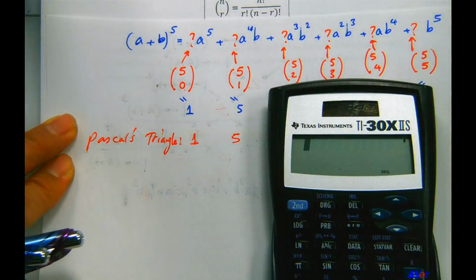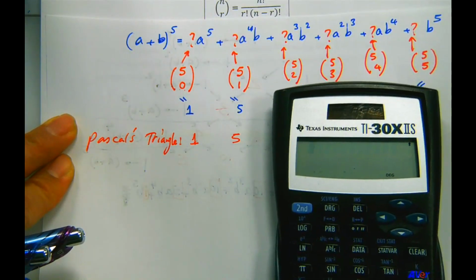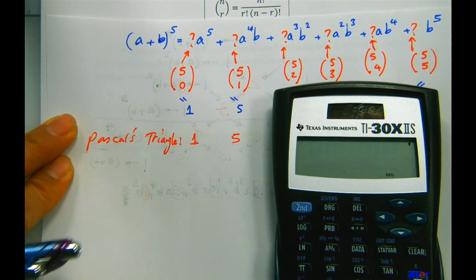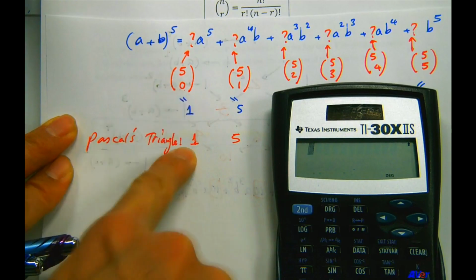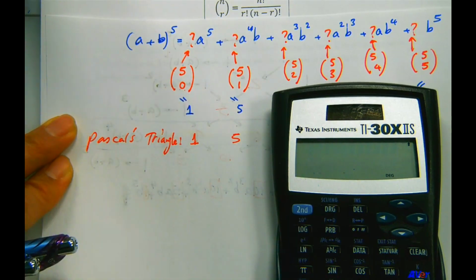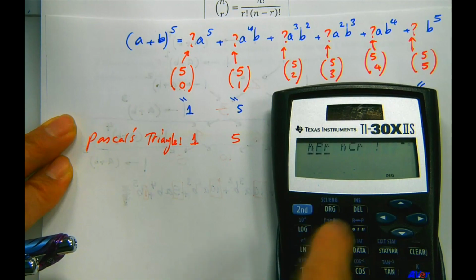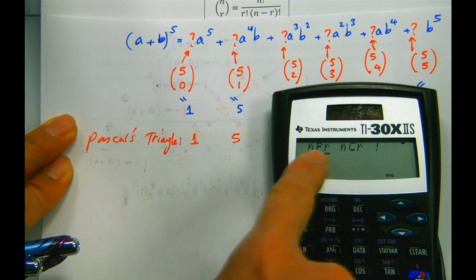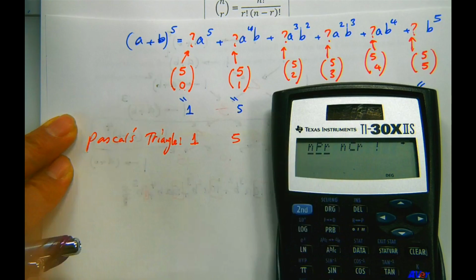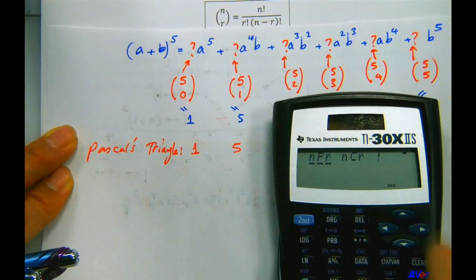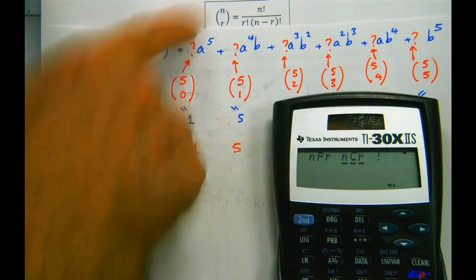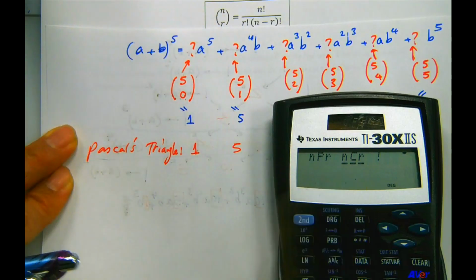Where do I put my calculator so you can see the screen? Okay, I think that's good enough. Let's calculate 5 choose 0 to see if we get 1. So 5, PRB in my calculator, NCR is N choose R. That capital C stands for choose or combination.